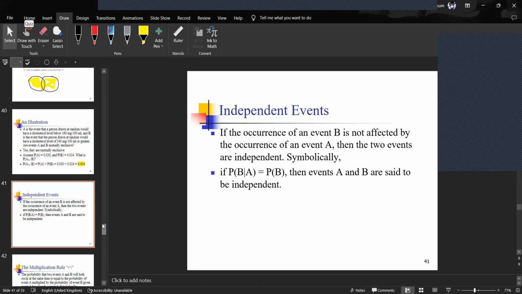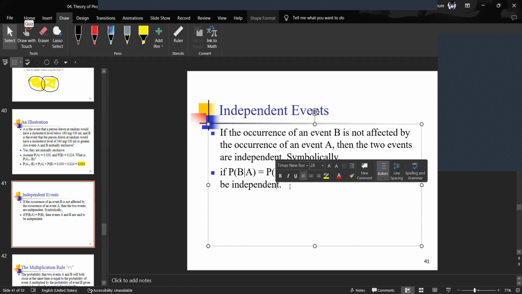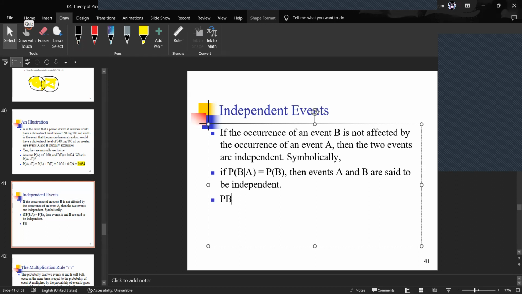So let's take a quick example just to illustrate this. The first one is going to be dependent, and the next one is going to be independent.